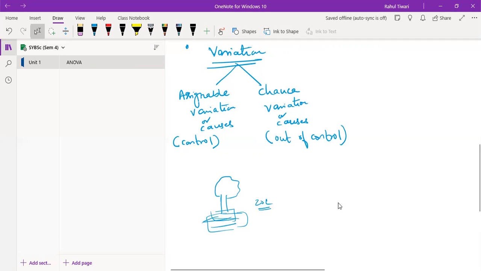But what happens if I reduce these 20 liters to 10 liters? Can it give the same amount of mango? Can it give the same amount of leaves? No, it's not possible.